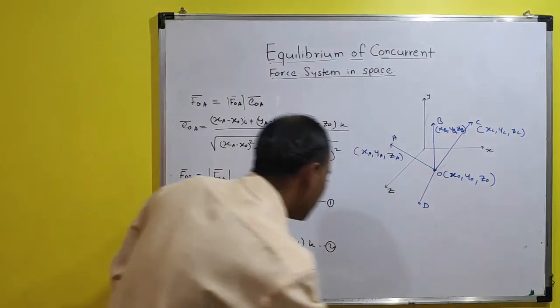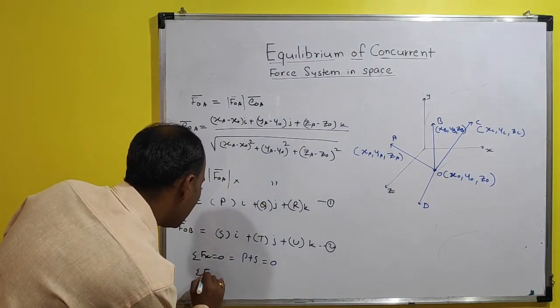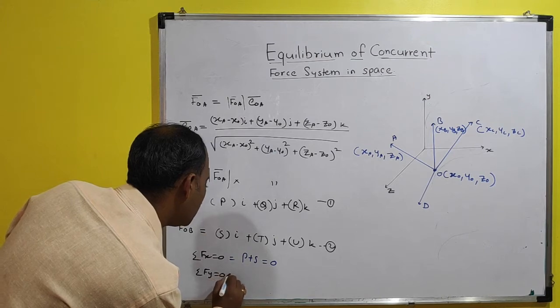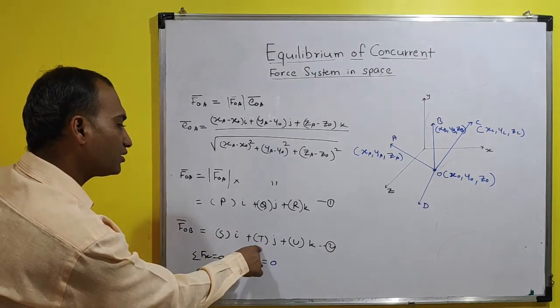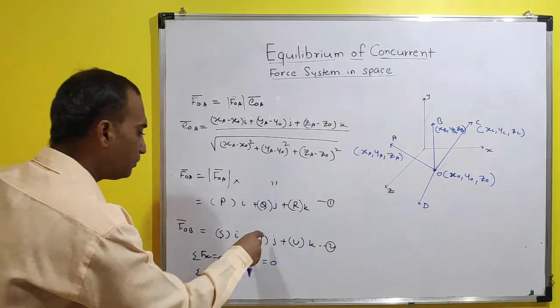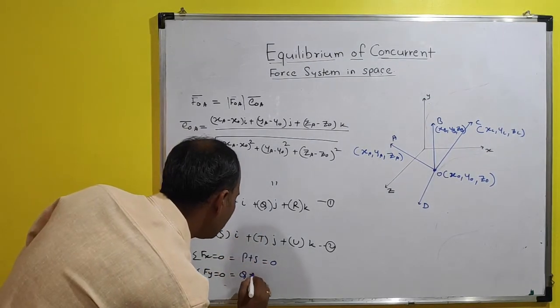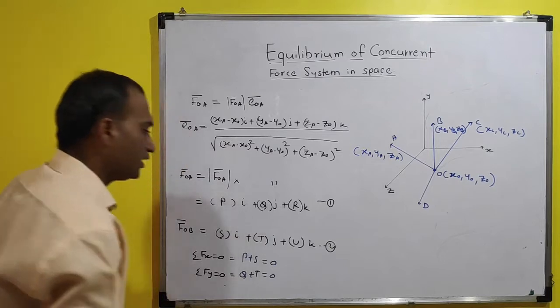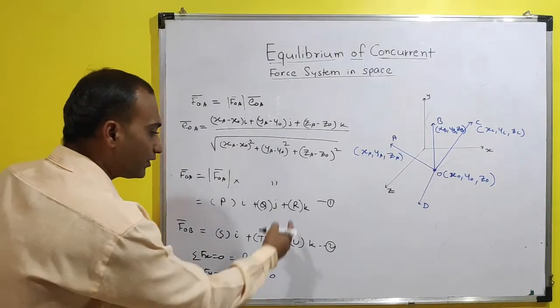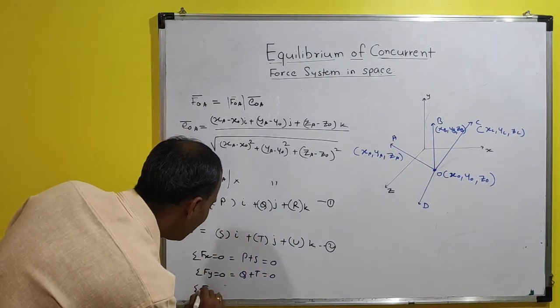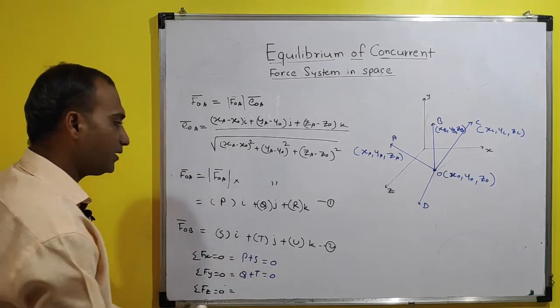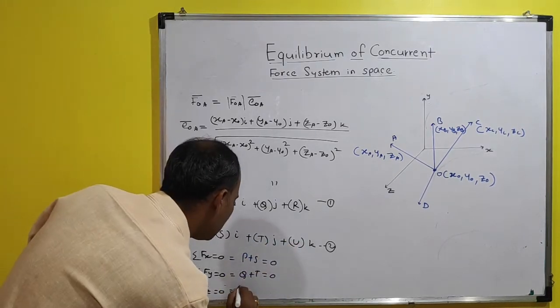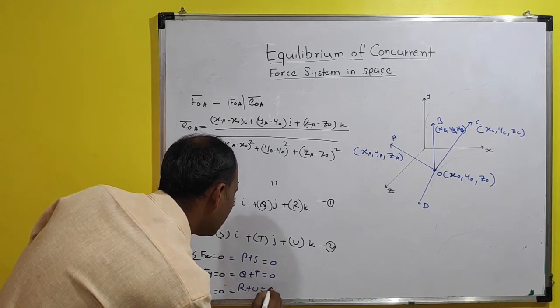Similarly, you can have summation Fy is equal to 0, and this equation will be the summation of the components along y direction, that is Q plus T is equal to 0. Similarly, you will get the third equation, summation of Fz is equal to 0, and this equation will be R plus U is equal to 0.